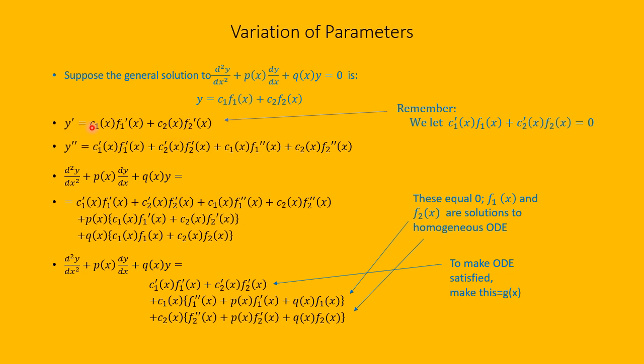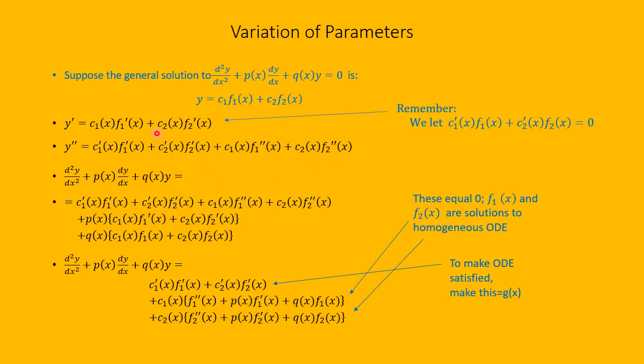Let's differentiate this again to find y double prime. Okay, in that case, use the product rule on this first term and use the product rule on the second term. So we get y double prime is c1 prime f1 prime plus c2 prime f2 prime plus c1 f1 double prime plus c2 f2 double prime.